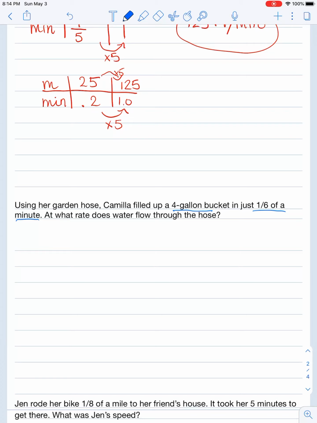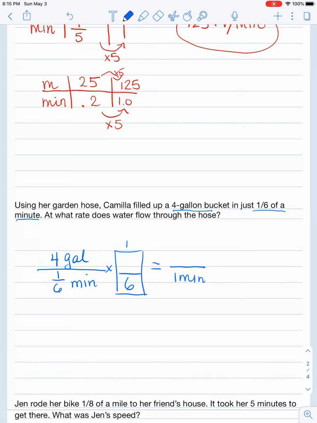All right, so here I'm going to use fractions. So I'm going to do 4 gallons. And I know it's going to look kind of weird, in 1/6 of a minute. And so I want her rate in minutes. So I need to see what this equals in 1 minute. Okay, now I know I have to multiply. I'm going to put my fraction box here. This has to equal 1. Well, what do I have to multiply 1/6 by to get 1 whole?